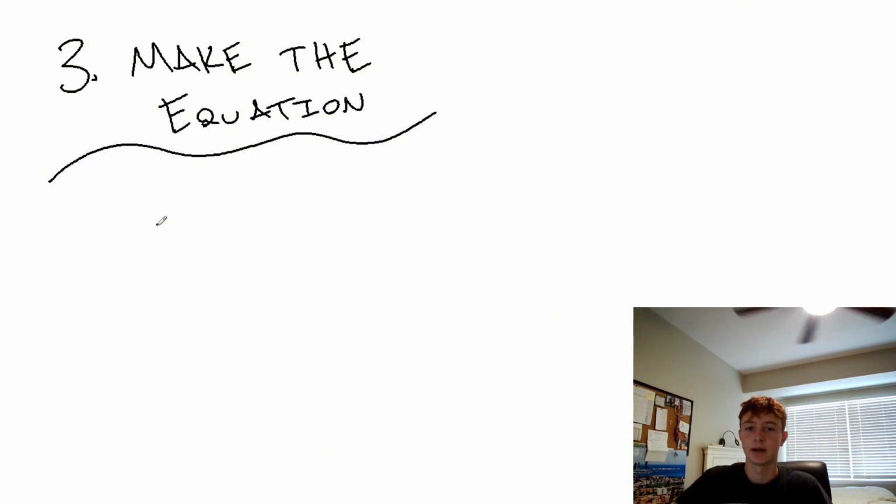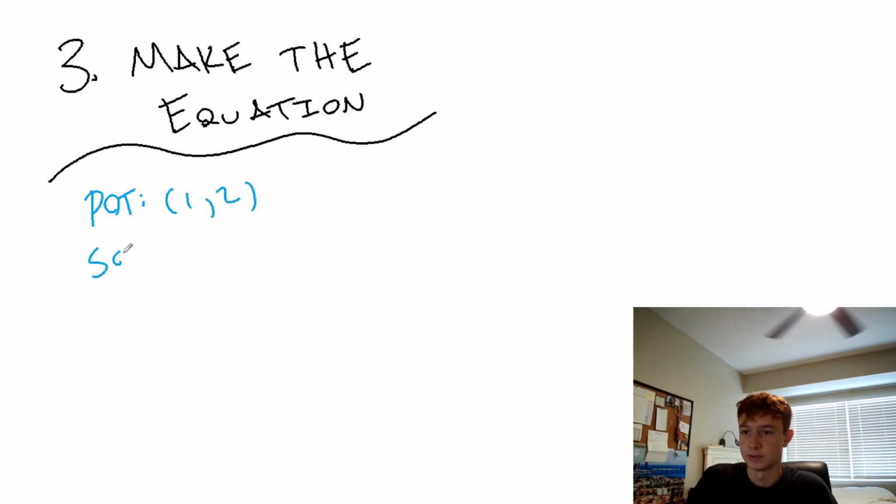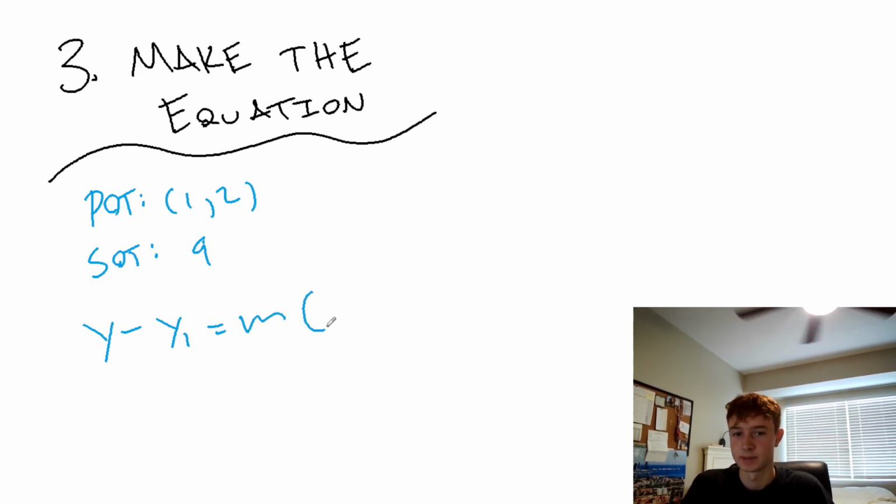The last step, now that we have our POT and our SOT, is to make the equation of the tangent line. We're going to use y minus y1 equals the slope, we'll call it m, times x minus x1.